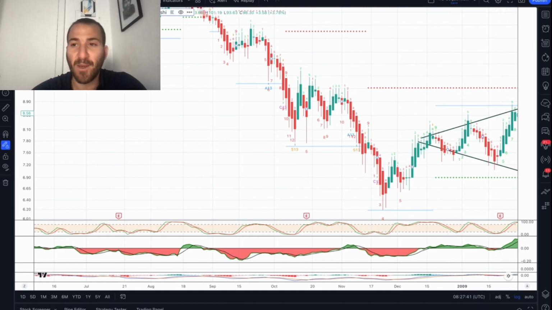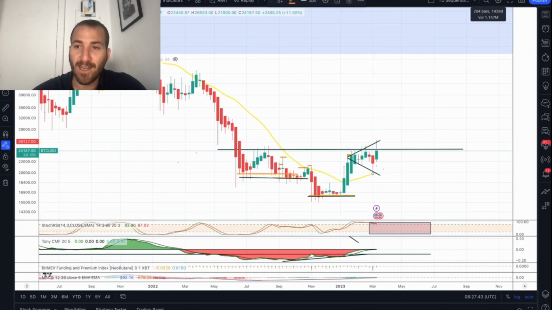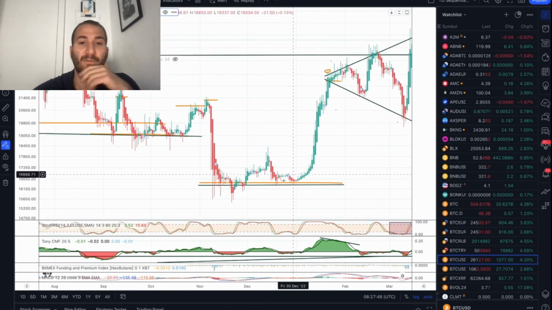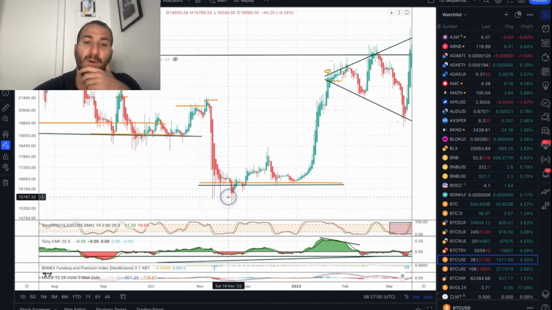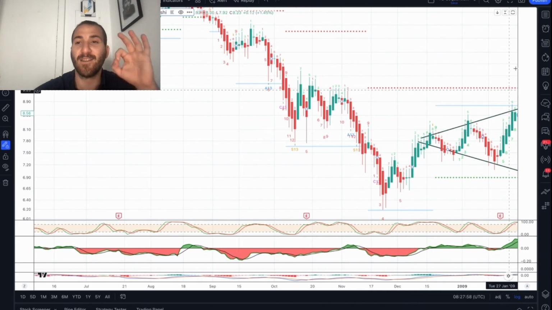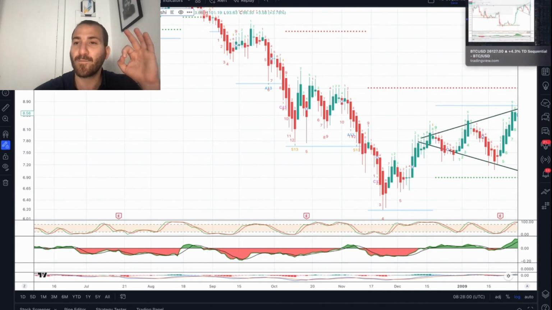Now the cool thing is what happened afterwards. Look, there's that and there's this. Now they look similar. You have a breakout, you have a low, you have a slightly higher low than that, and then you have a very similar structure to that.